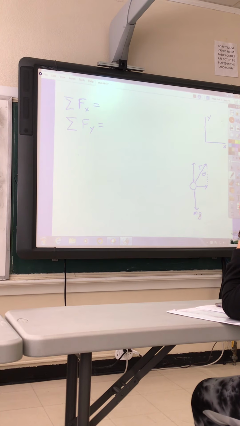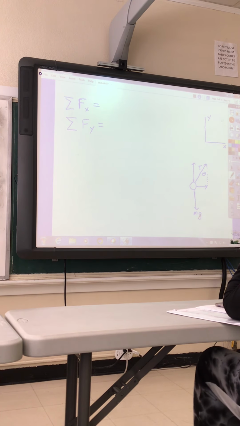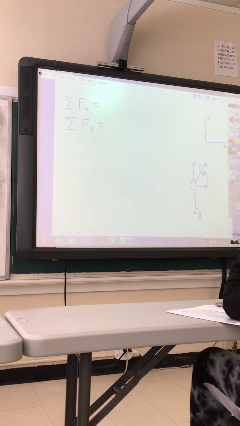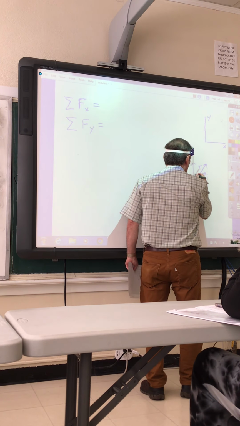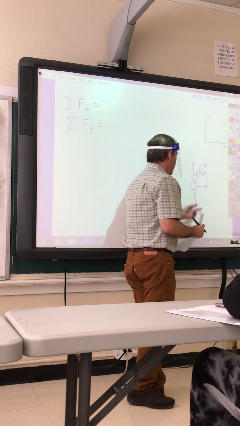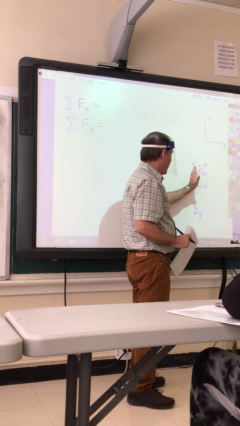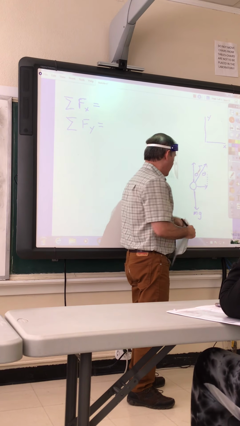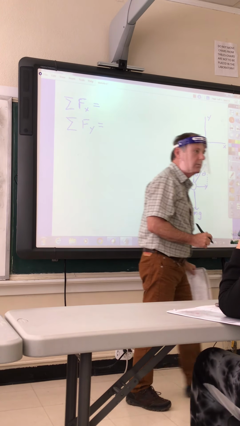Actually, that was the T cosine. So the x component... because these two lines are parallel, that means the same angle here is theta as well.